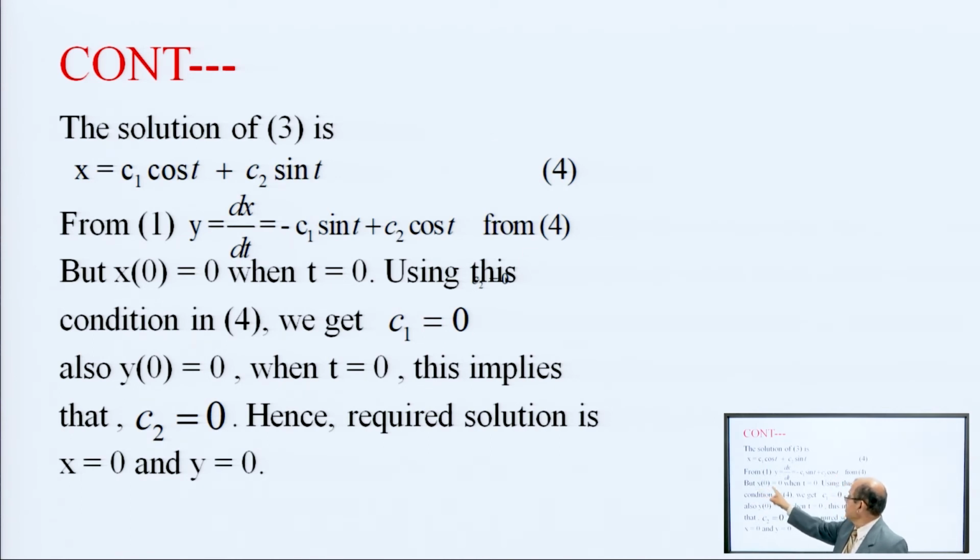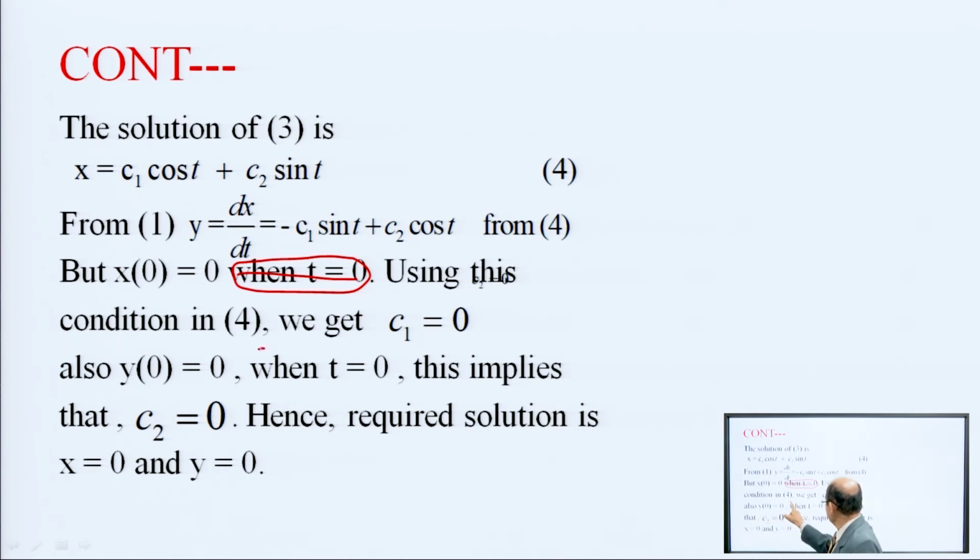But x 0 is equal to 0 means x is equal to 0 when t is equal to 0, no need to write it, it is already included in this. Using this condition in 4, we get C1 is equal to 0.